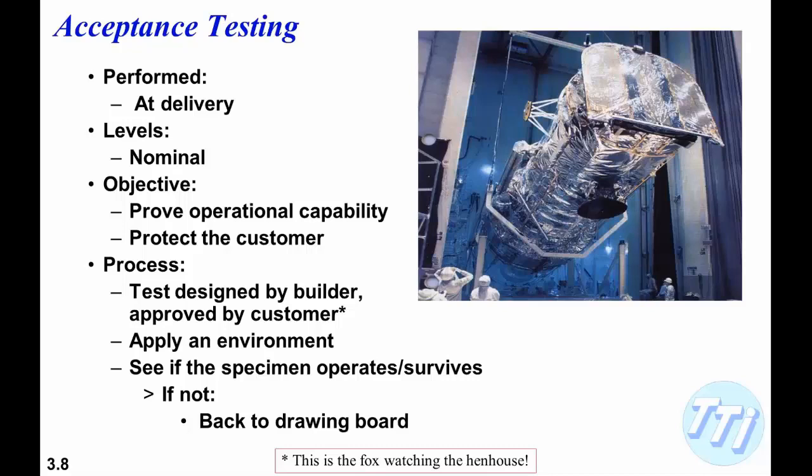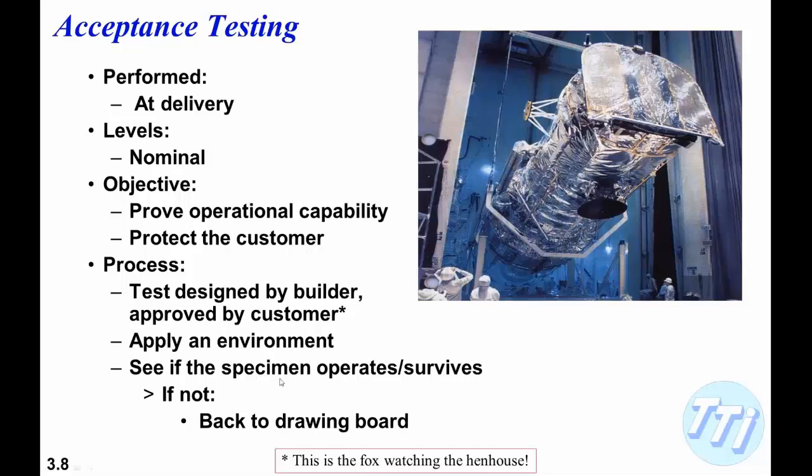And one of the fundamental problems here is that most of the testing programs that I've been involved with, the test is designed by the builder and approved by the customer. And this is certainly not the way it ought to be done. This is the fox watching the hen house, and the customer should certainly be very strongly involved in designing the test.